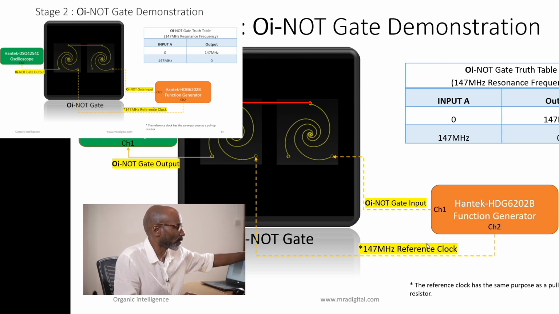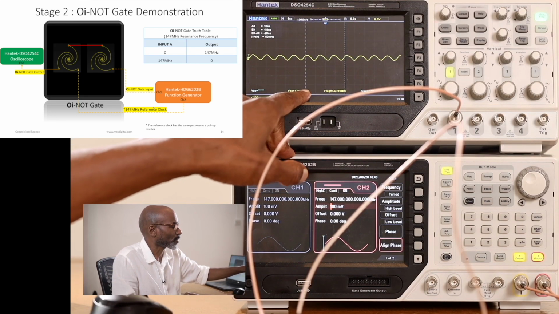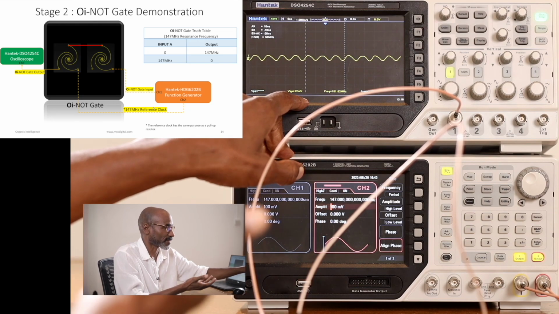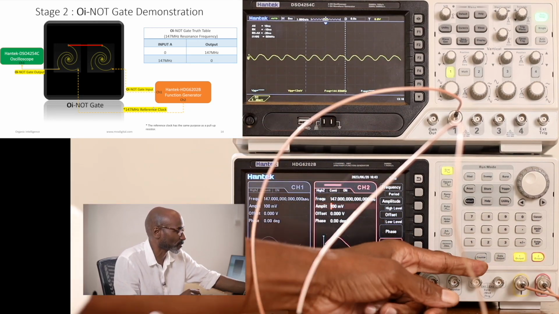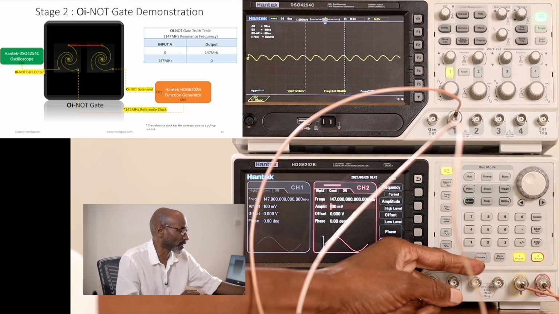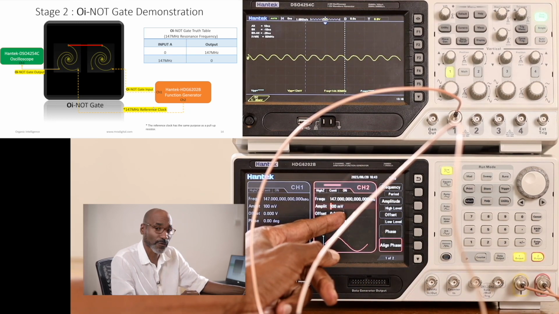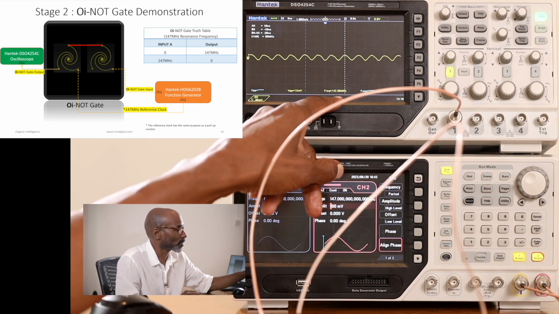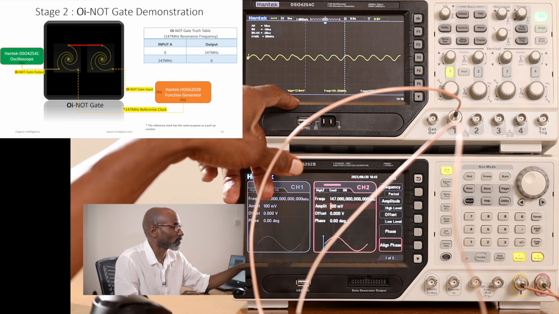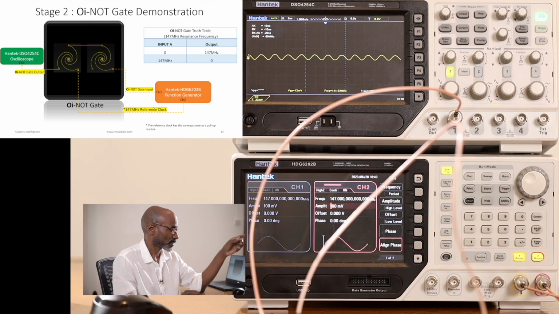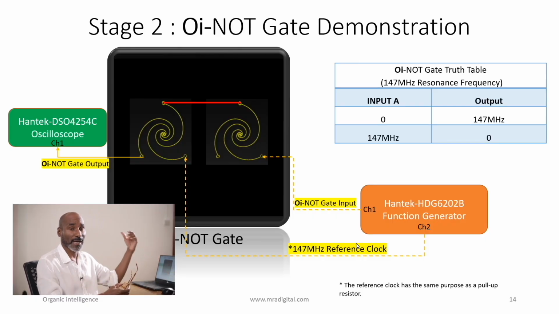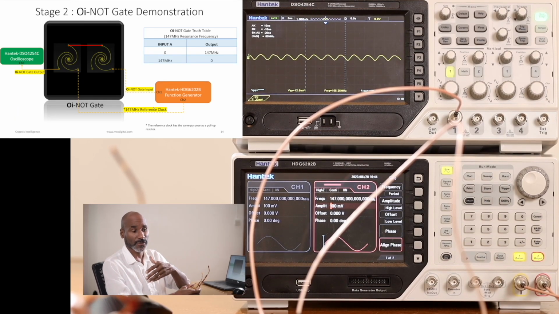And if you look at the output of the scope, the output is 12 millivolts, so that is exactly correct. We are getting an input of 147 megahertz at 100 millivolts peak to peak, and the output is 147 megahertz at 12 millivolts peak to peak. That satisfies the case of the inverter where you have an input and you get 0 on the output.